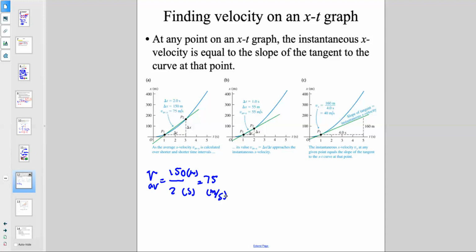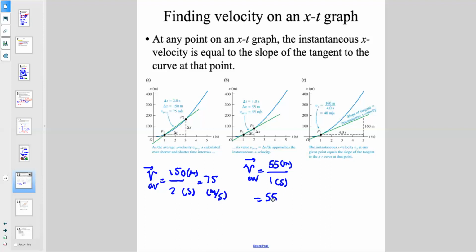For this one, average velocity, and this is, by the way, a vector. Average velocity is delta x. What is delta x? 55 meters divided by delta t, 1 second. 55 divided by 1, that's just 55.